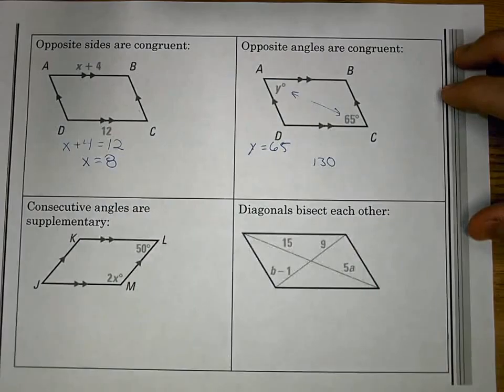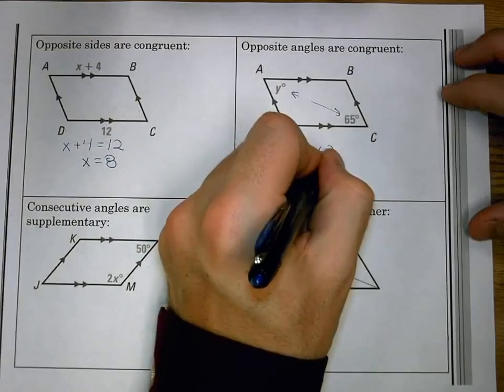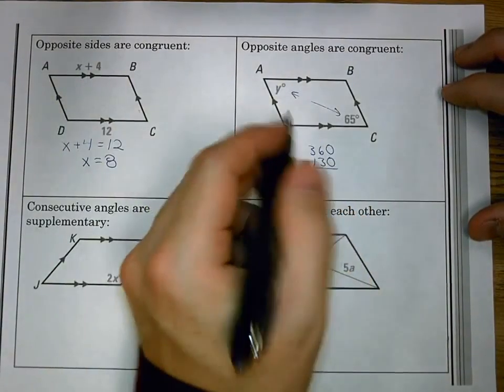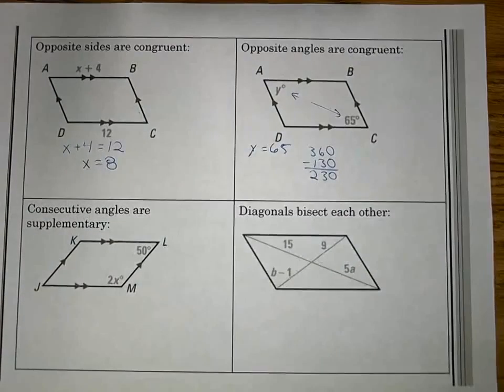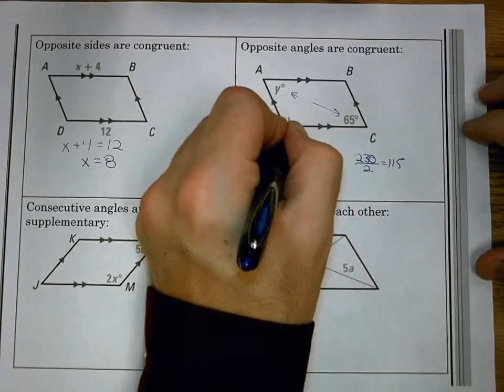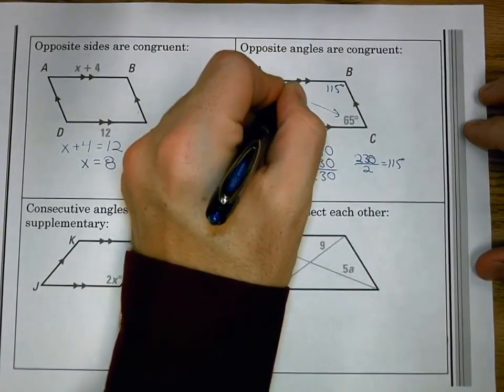Now, the total within a quadrilateral, or a parallelogram, is 360 degrees. That means for angles B and D, I have 230 degrees left over. Well, opposite angles are still congruent, so actually B and D would each be 115 degrees. And again, of course, we have y is 65.